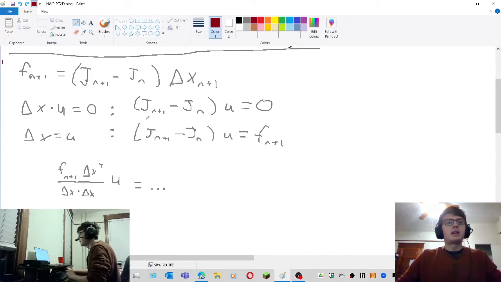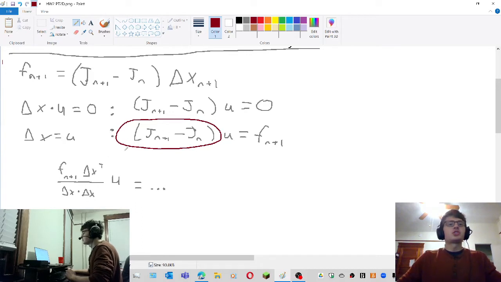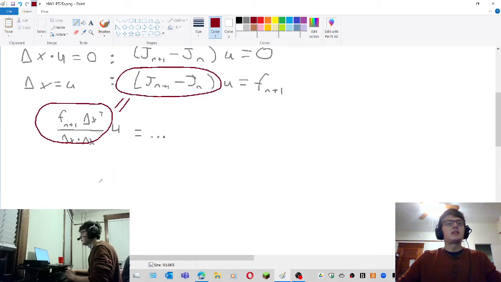Well, if I were to go ahead and say that this value of the difference in the Jacobians is just equal to what I have down here because of the nature of the expression, I could go ahead and maybe write this out.